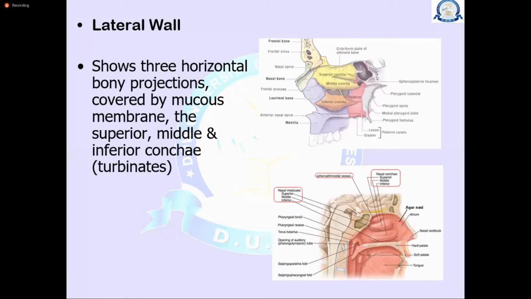Between the conchae there are depressions or spaces which are known as recesses or the meatus. For instance, this is the superior concha, this is the middle concha. In between the superior and the middle concha, you will have a middle meatus.